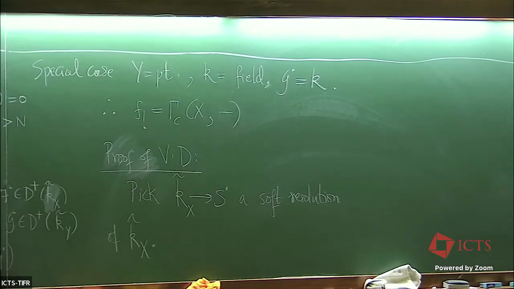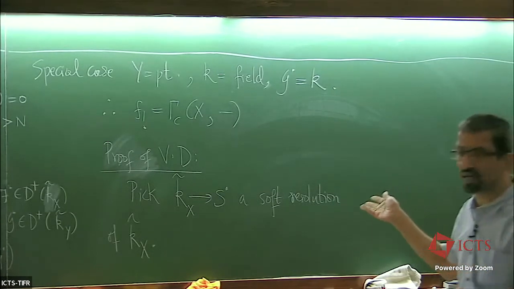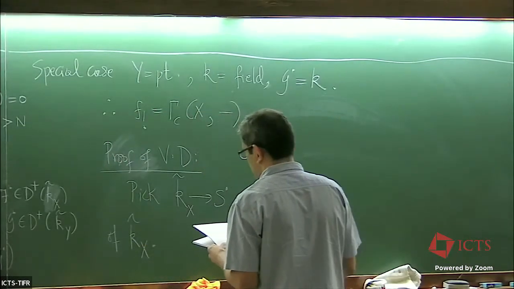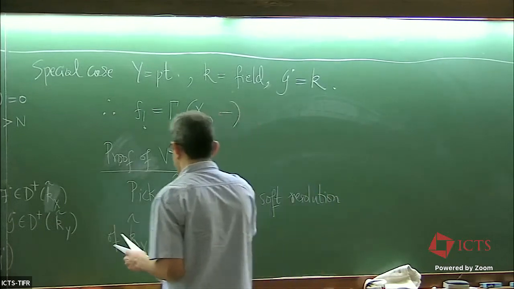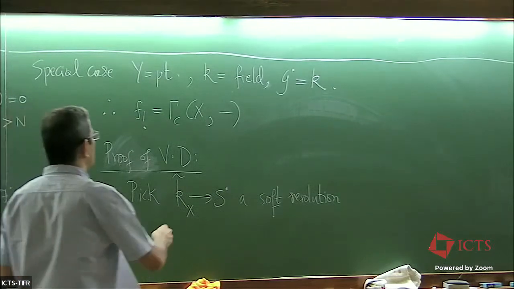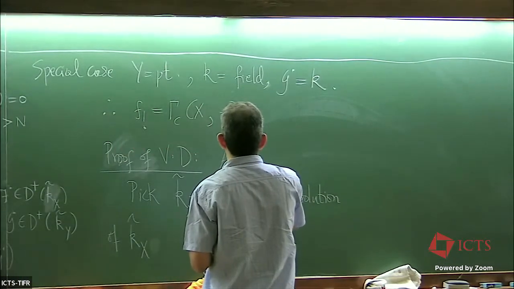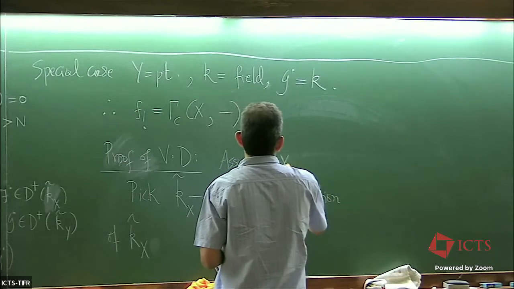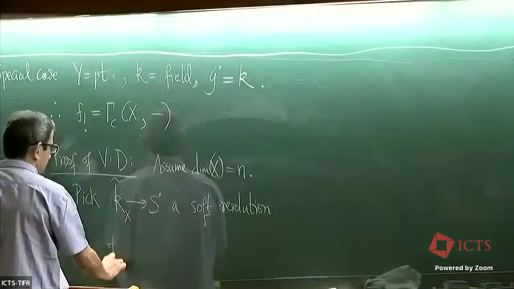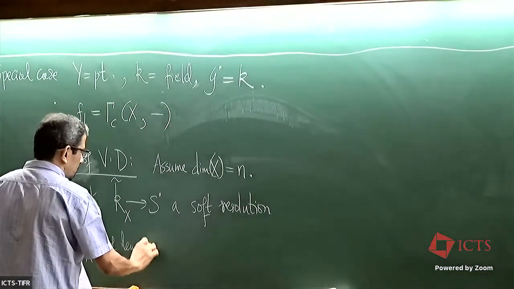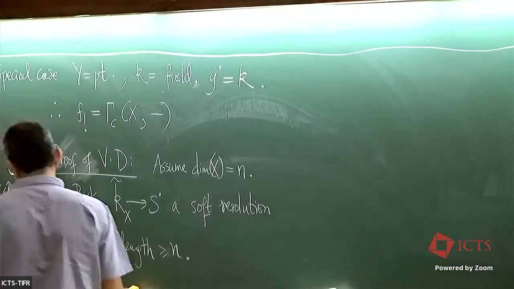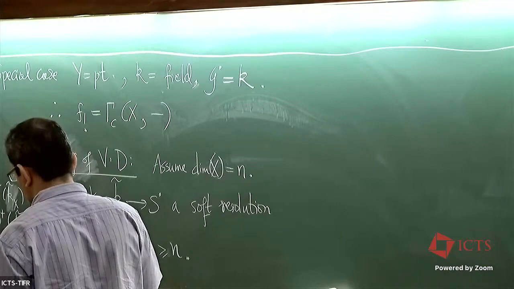Otherwise, we anyway said any injective resolution or flask resolution will do. So you just pick your favorite soft resolution. Then let's assume the dimension of X is n. And so this you can assume of length greater than or equal to n. In fact, length n is enough, but just pick any soft resolution.